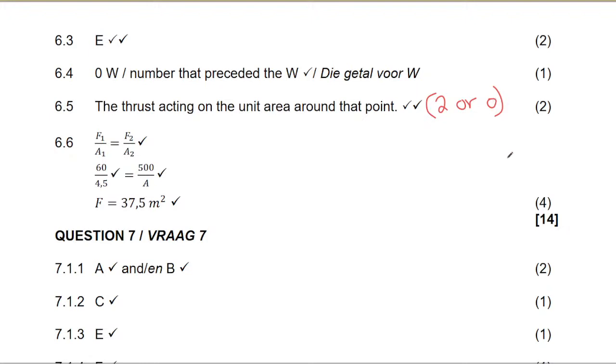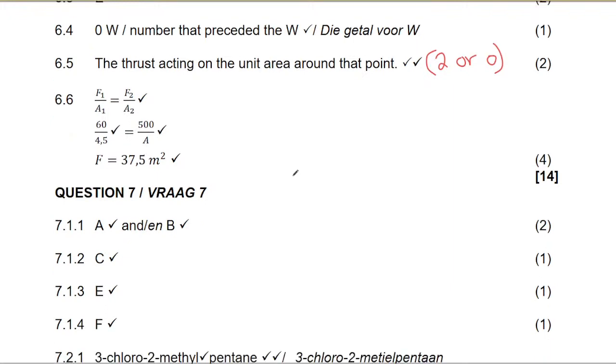So 2 marks for substitution. There's a mistake there: in 6.6, that must be area, not force. So the area is equal to 37.5 square meter, which is 4 marks. So the calculation is just as simple as that.